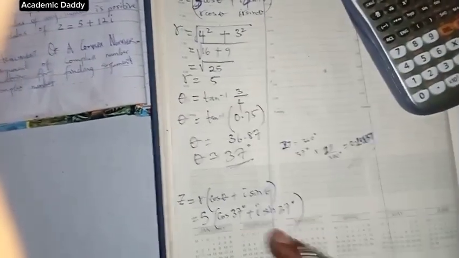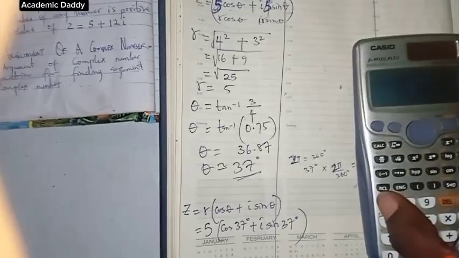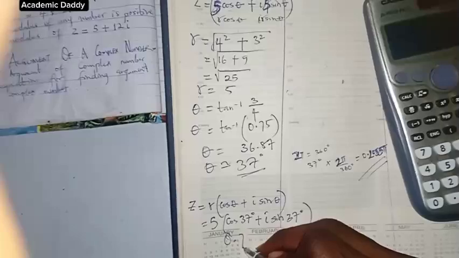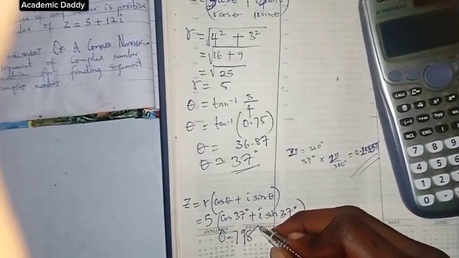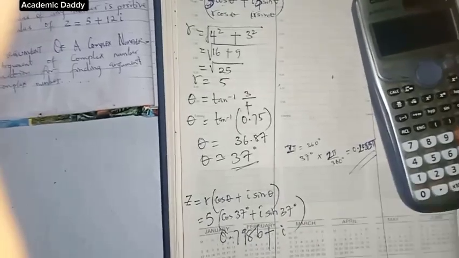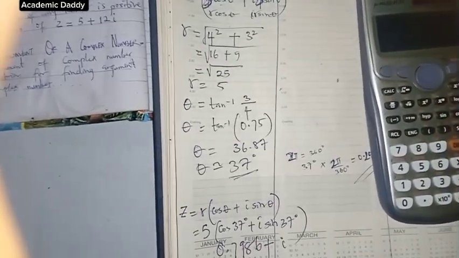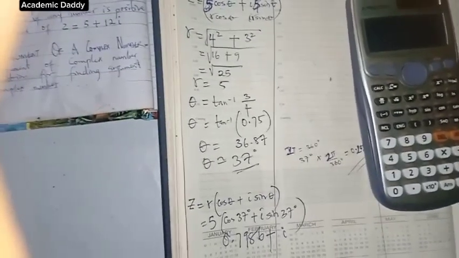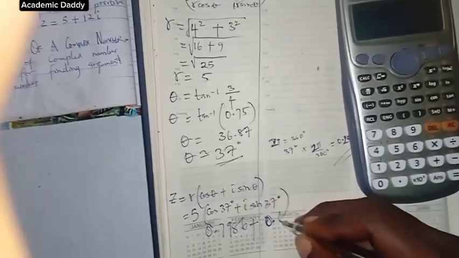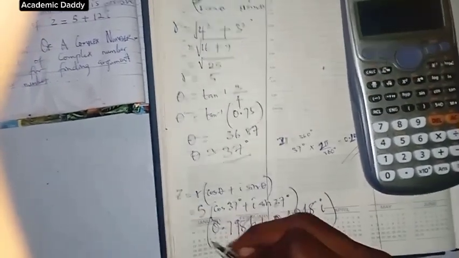I can choose to find sine and cos. Cos 37 is 0.7986, plus i sine 37, which gives 0.6018i.